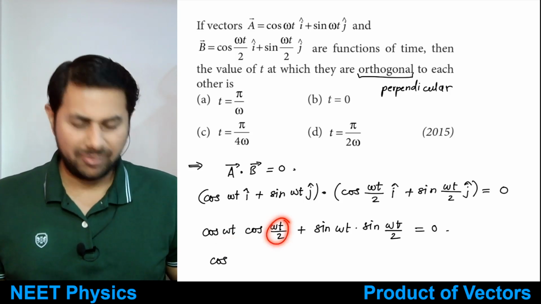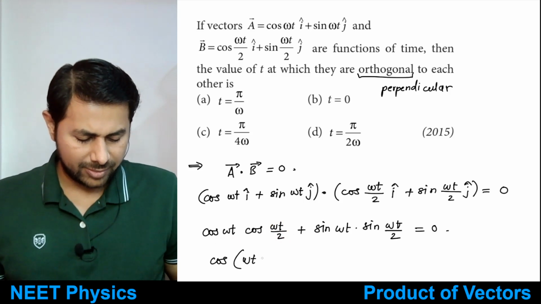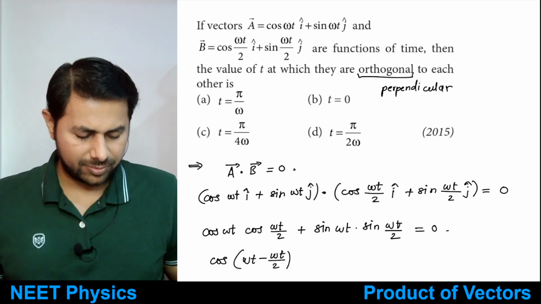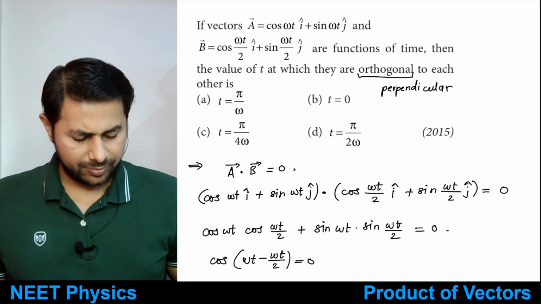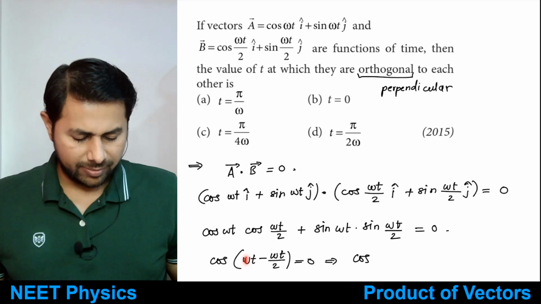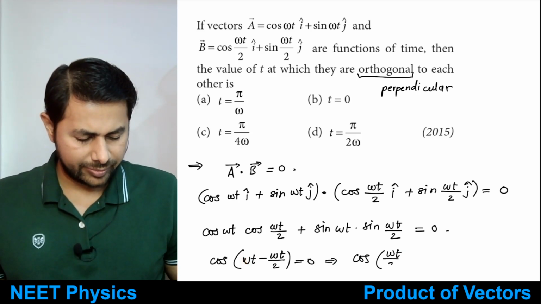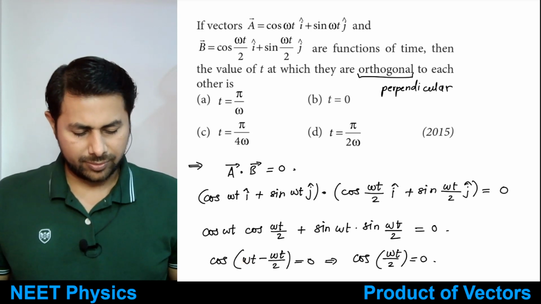Omega t, and B is omega t by 2. So cos of omega t minus omega t by 2 is equal to 0, and omega t minus half of omega t is omega t by 2. So that is cos of omega t by 2 is equal to 0. Okay.